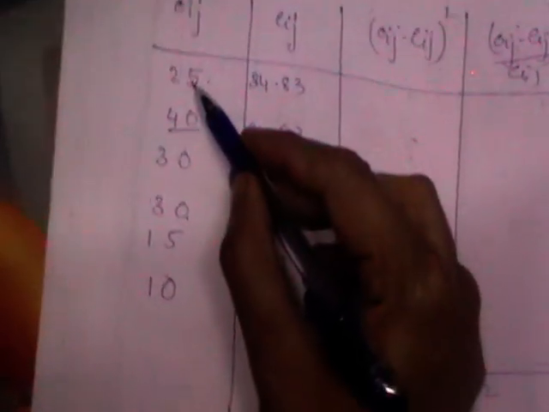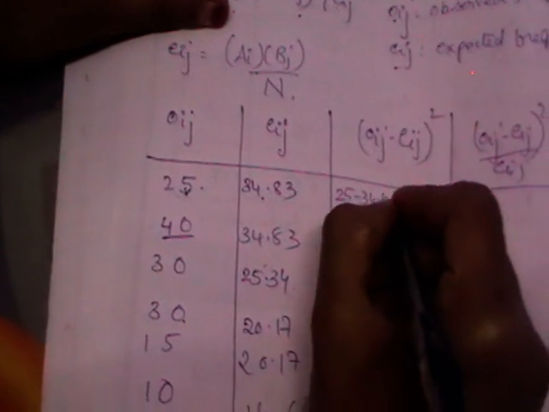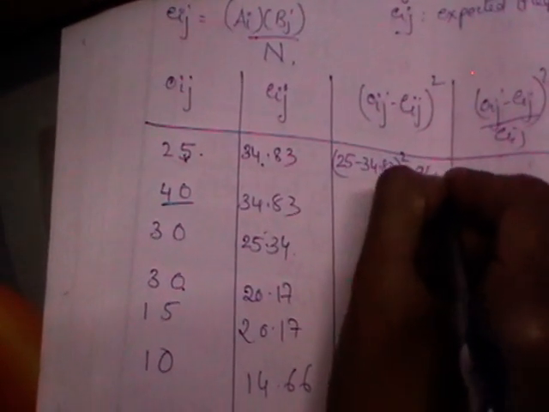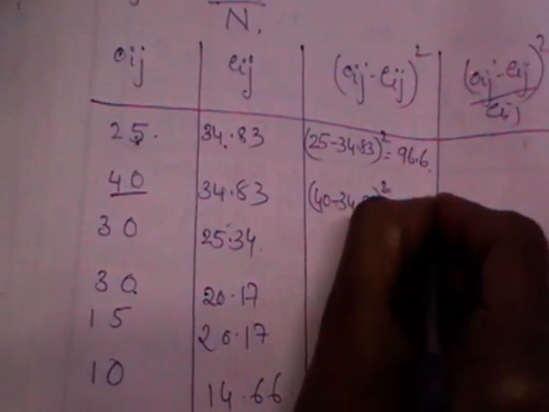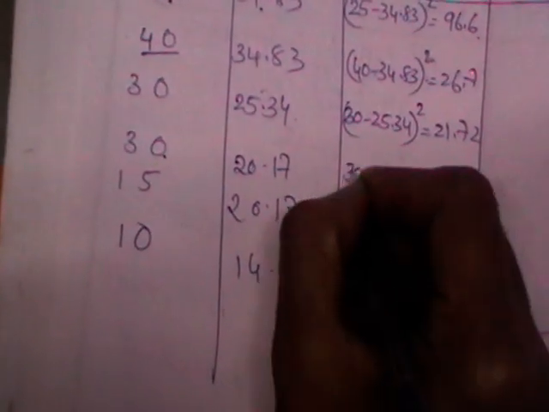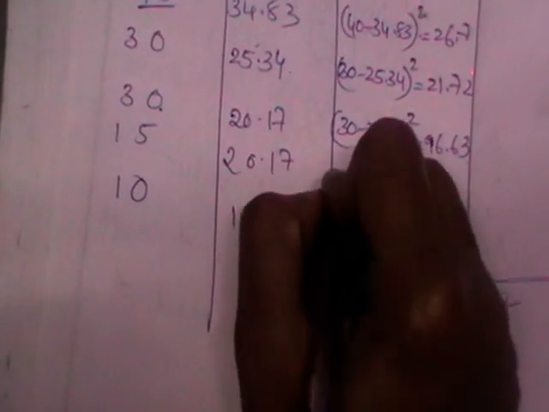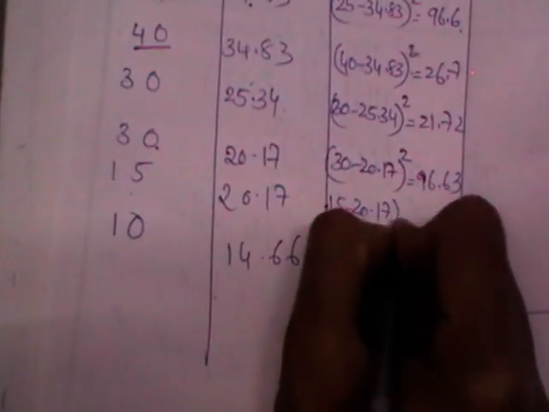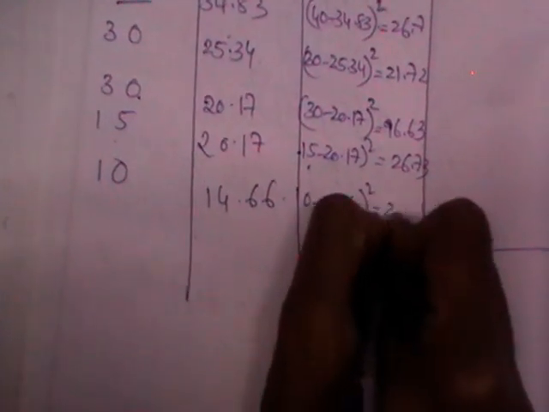After calculating these EIJs, now you go for OIJ minus EIJ whole square, that is 25 minus 34.83 whole square, which is 96.63, and 40 minus 34.83 whole square, which is 26.73. 30 minus 25.34 whole square is 21.72. 30 minus 20.17 whole square is 96.63. 15 minus 26.73 whole square, 10 minus 14.66 whole square, 21.72.